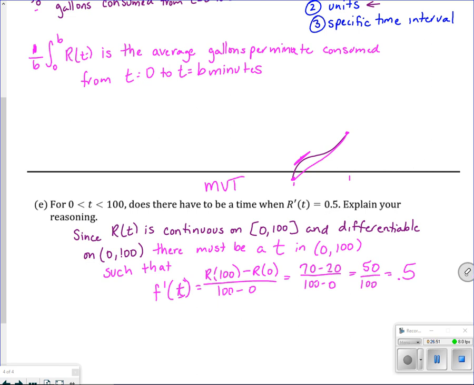You got to have your variables matching up. So that's something to check for: you kind of rattle off the mean value theorem with C's and F's because that's what we learned, but after you do it, look back at your wording and make sure that you're using the variables from the problem and do a little erasing and changing to make it match up. So yes, there must be a value of t between 0 and 100 that the derivative equals 0.5.